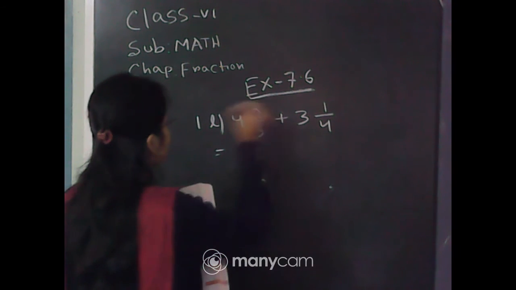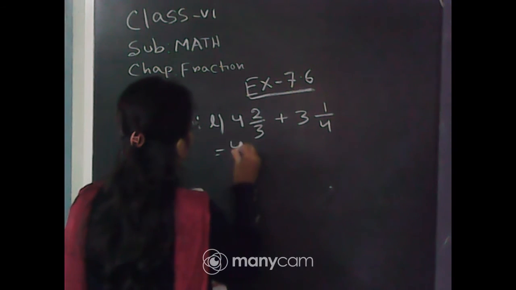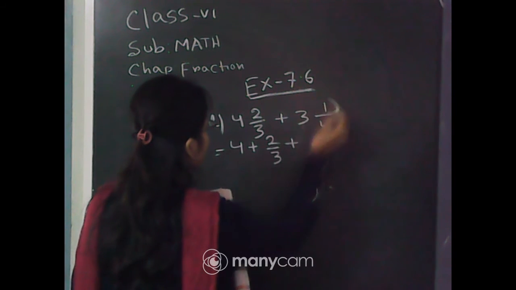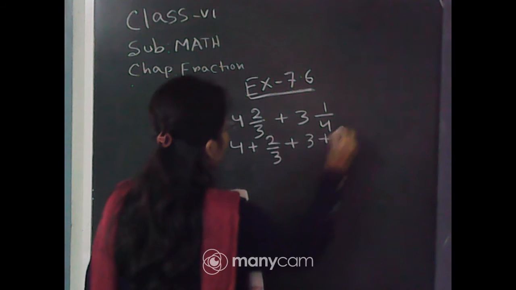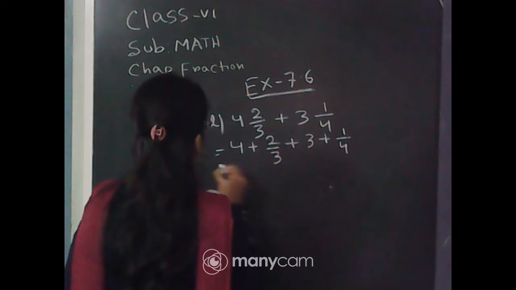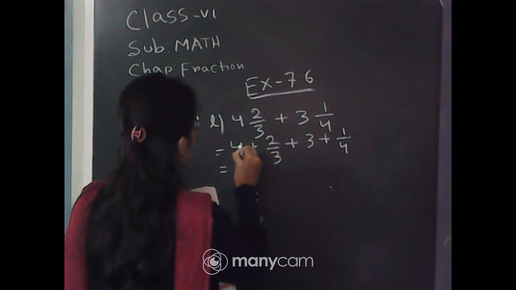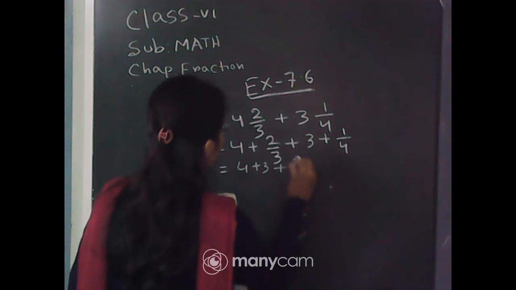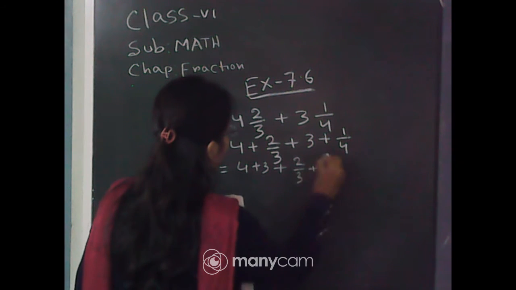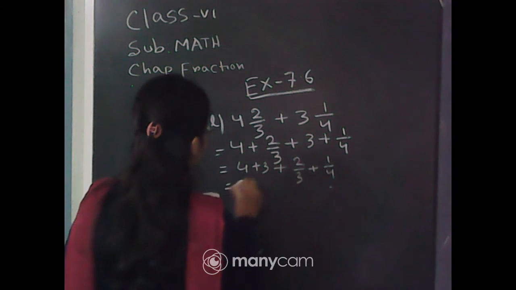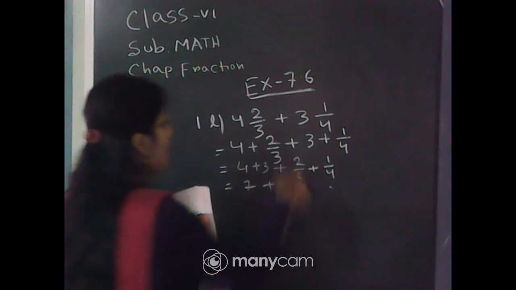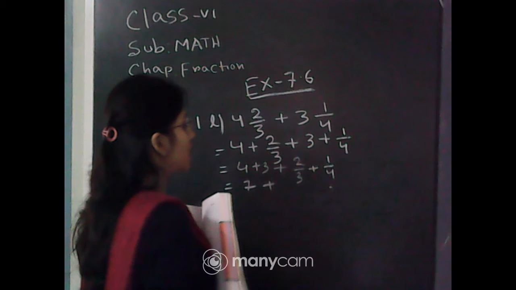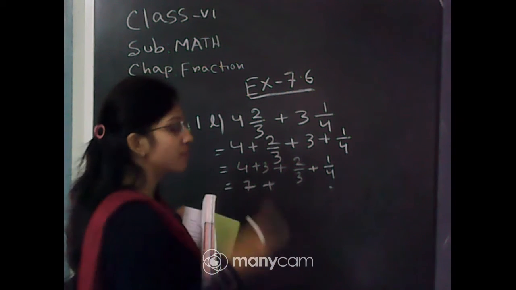We can write this mixed fraction as 4 plus 2 by 3 and this mixed fraction as 3 plus 1 by 4. Now, this is equal to 4 plus 3 plus 2 by 3 plus 1 by 4. Now, these are unlike fractions. Therefore, we first find the LCM of 3 and 4, and the LCM of 3 and 4 is 12.